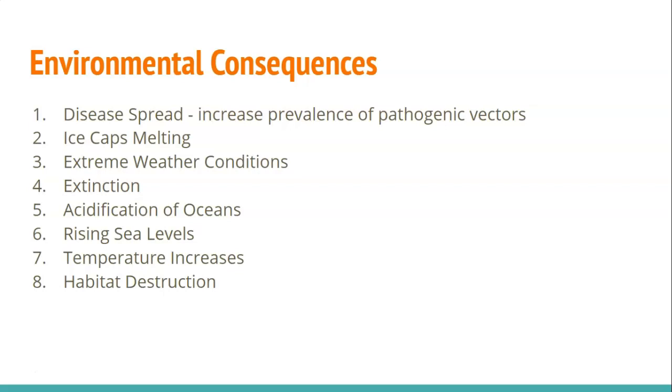Sea levels are rising, which can also lead to horrible outcomes for humans, because all of the people that live on the shores of various countries, that area of land is underwater now, and so they can't live there, which then pushes everyone inland, and there are so many people on Earth that there's just not enough room for everybody. Temperature increases, and then habitat destruction.